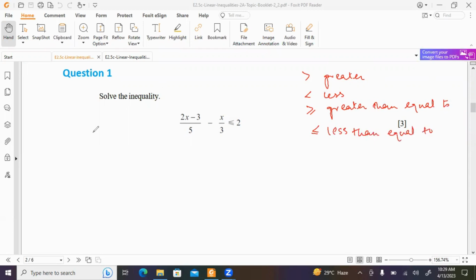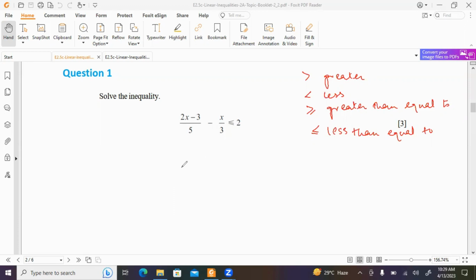So keeping that in mind, we have these two fractions being subtracted, and the result is less than or equal to 2. So I'm going to solve the fraction first. If you remember my fractions video, when we have two fractions with unlike denominators, the first step is to make the denominators equal.